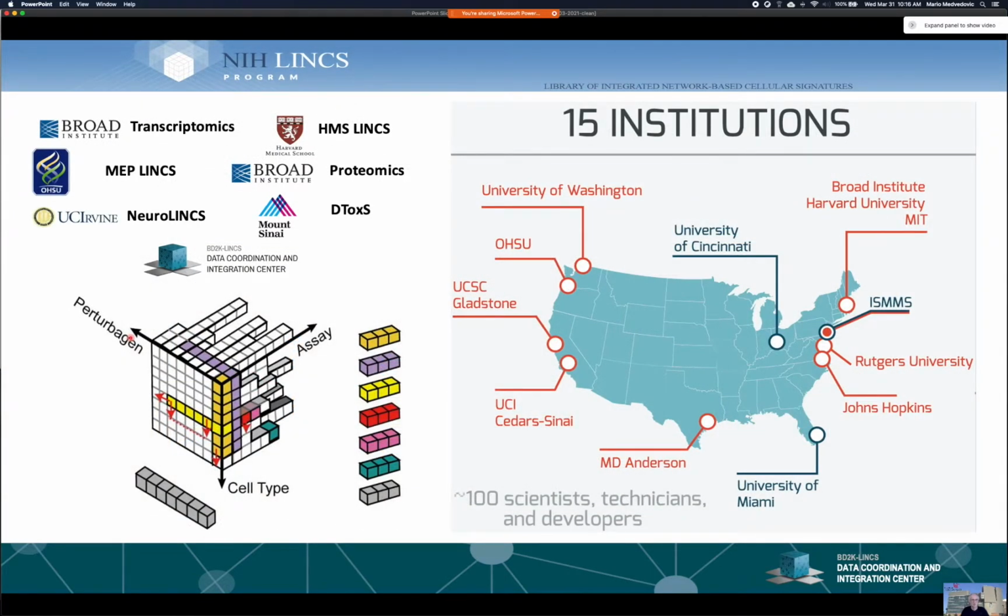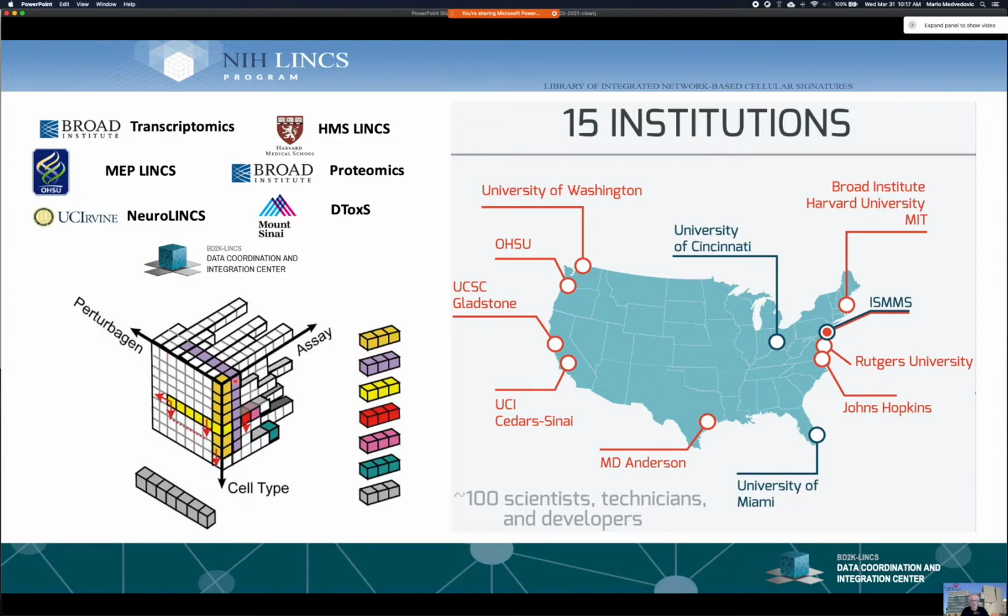So just briefly, to give you an overview of the scale of these, there were 6 data generation centers scattered around the country that were generating this LINCS cube, which is basically a combination of cell types treated by different perturbagens, again in a wide sense of this word, and across different assays. So the cube is sparse, meaning that for some assays, for example, we could construct a complete slice, right?